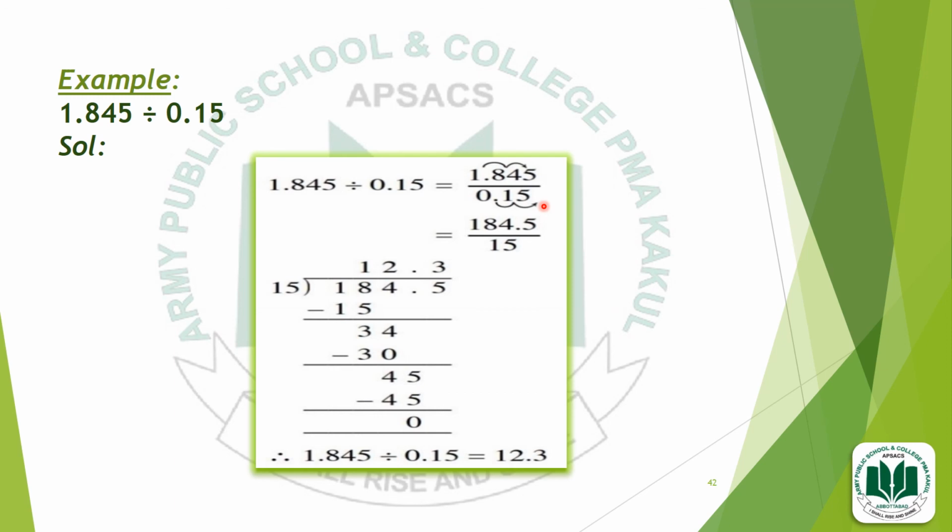And for this, we must do the same with the numerator. After this, we are left with an expression 184.5 divided by 15. Now we will perform division and bring the decimal point directly up from the dividend, which is 184.5.